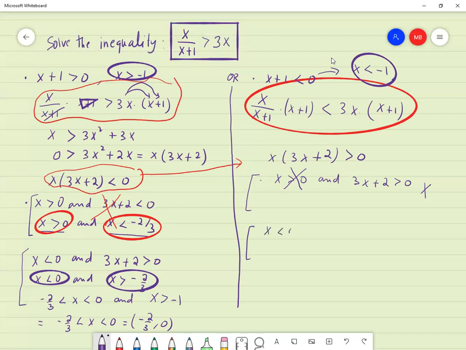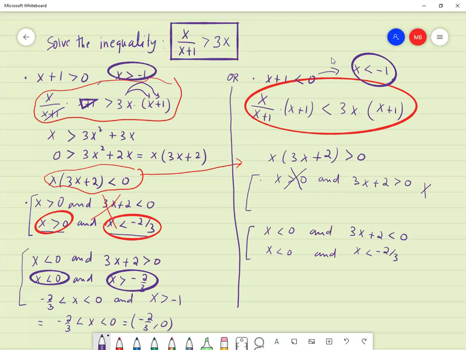So we look at another one. x less than 0 and 3x plus 2 is also less than 0, because the product has to be positive. So if x is negative, 3x plus 2 must also be negative. So what does this mean? x is less than 0, and 3x plus 2 less than 0 means x is less than negative 2/3.